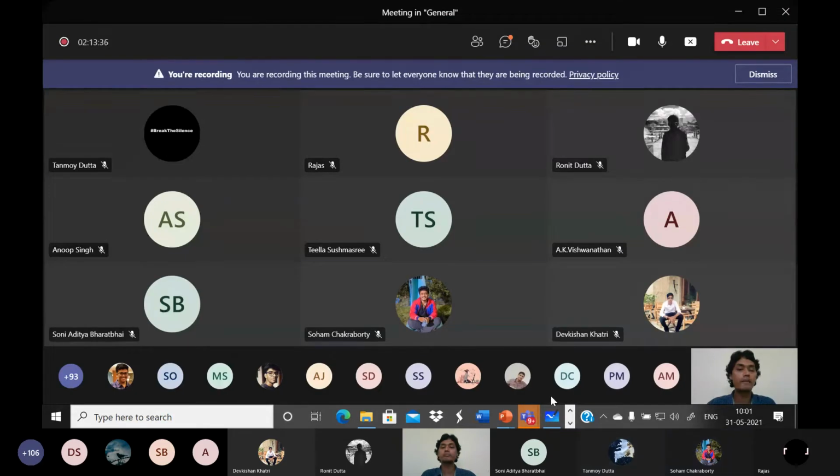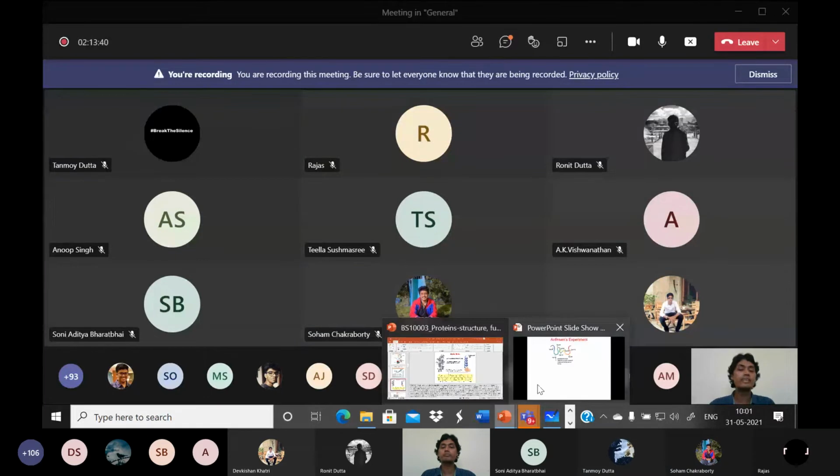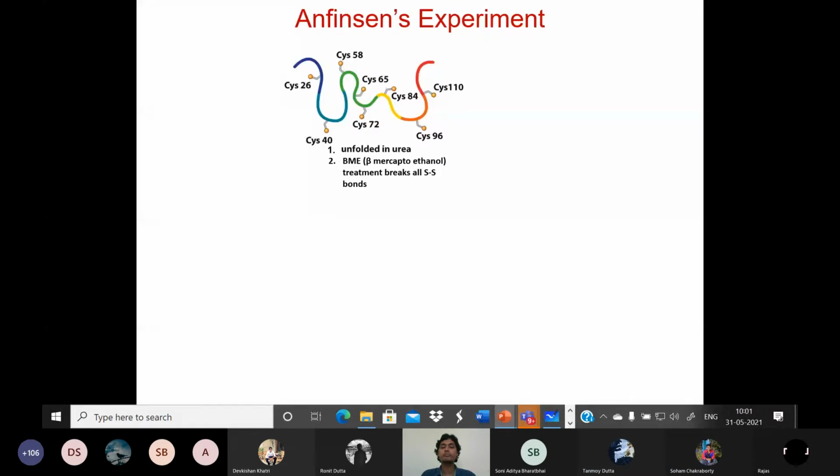Then, if a polypeptide chain has just two cysteine residues, one here and another one here, there is no option, it will make a disulfide bond. But the problem is many proteins have multiple cysteine residues. Say, for example, you have 4 cysteine residues.